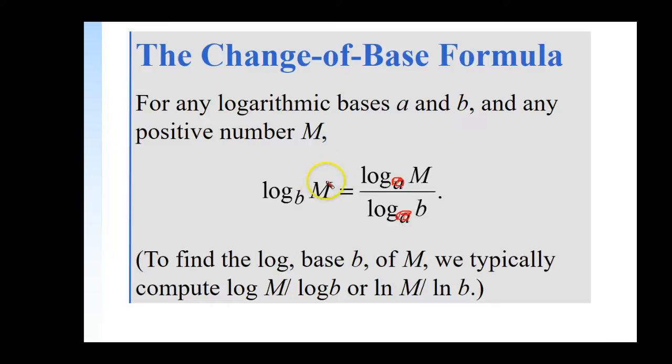You just take what would be in the answer position, the M, and then divide it by what's in the base position. We'll give you an example on the next page, but let's clear this up so you can physically write this into your notes. This is the change of base formula. And we'll pause.